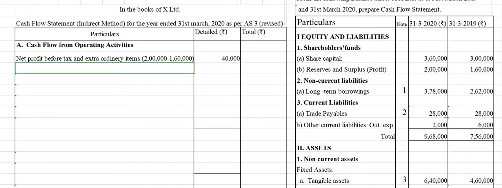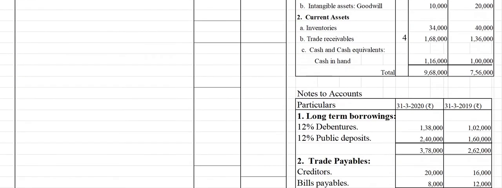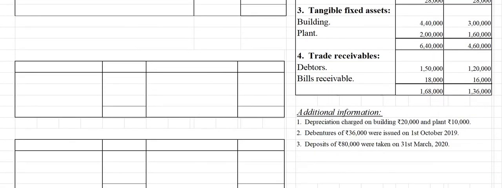Now we have to add all non-cash, non-operating expenses. In non-cash, non-operating expenses, you can see in the question that some adjustments are there.